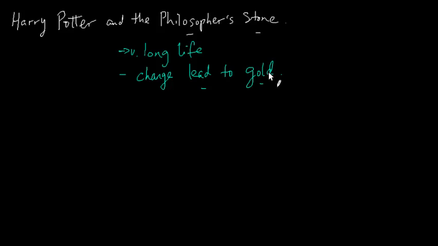But the dream for hundreds of years has always been to try. The hope has always been to try to change lead to gold, because lead is a really, really cheap metal, and gold is a very, very expensive metal. So if you can change something very cheap to something very expensive, that would be very nice. You'll be rich. And people have been searching for ways to do that.